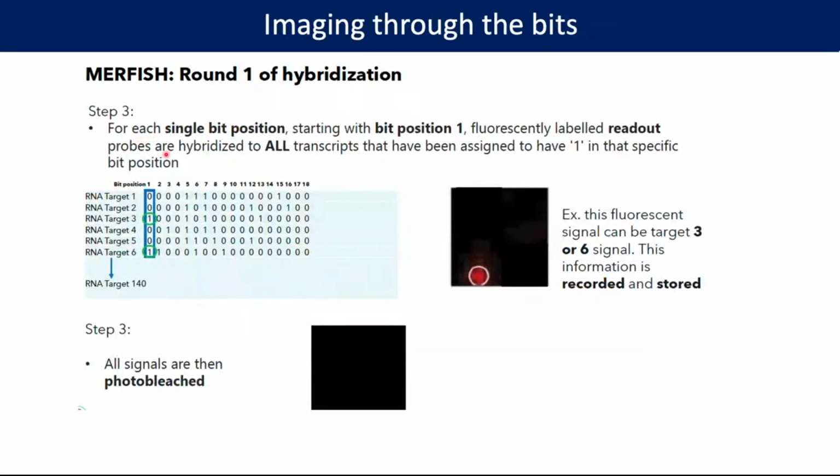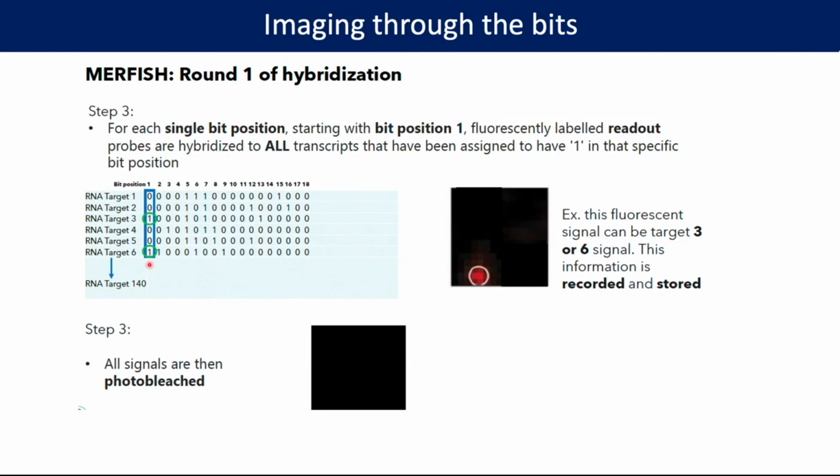Now, on the instrument, each bit position is actually read out individually. So let's say in bit position 1, we get the images, and RNA target 3 generates a signal, and target 6, whereas the others don't generate a signal. So this is how it would look on this side here. The 3 and the 6 would generate a signal. This will be recorded and stored.